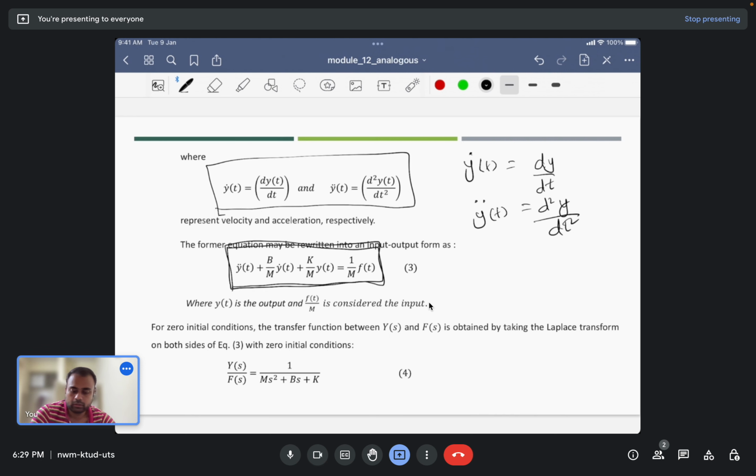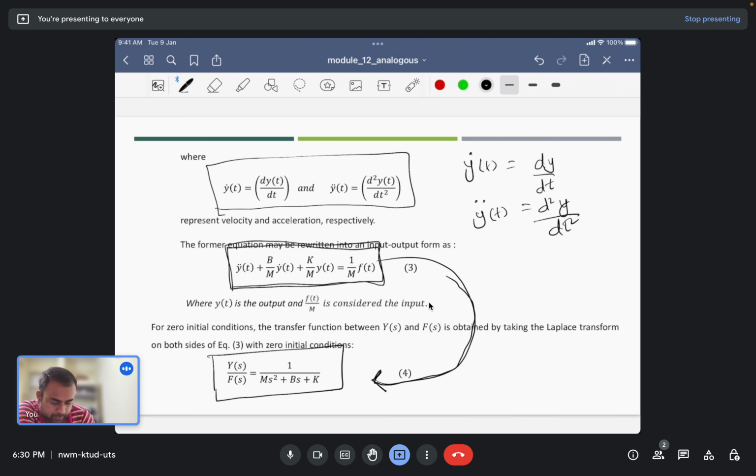So for zero initial conditions, the transfer function between Y of s and F of s is given by this. So we have transformed this into a Laplace transform. So this comes out to be Y of s by F of s is equal to 1 upon ms square plus bs plus k.